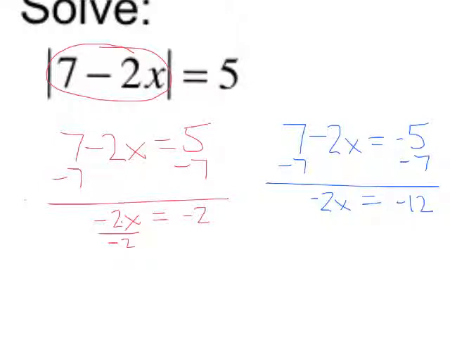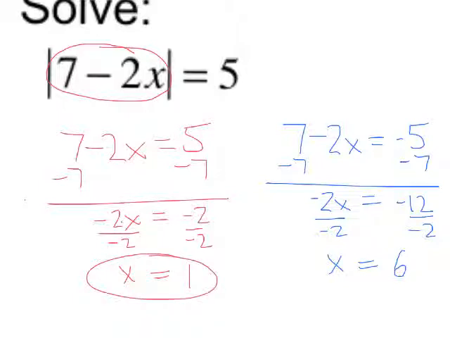And you'll do that on both sides of the positive case. And we'll divide by negative 2 on both sides of the negative case. So this gives me x, and the negative 2 divided by negative 2 is a positive 1. On the right-hand side, I still have an x, and negative 12 divided by negative 2 is a positive 6. And these two numbers, 1 and 6, are your solutions.